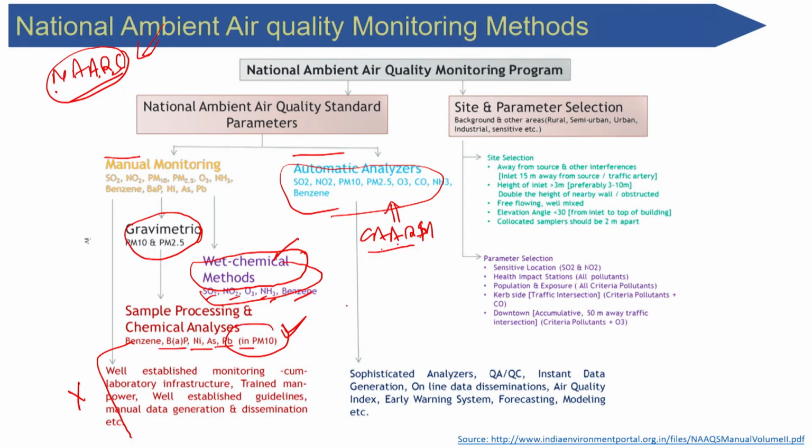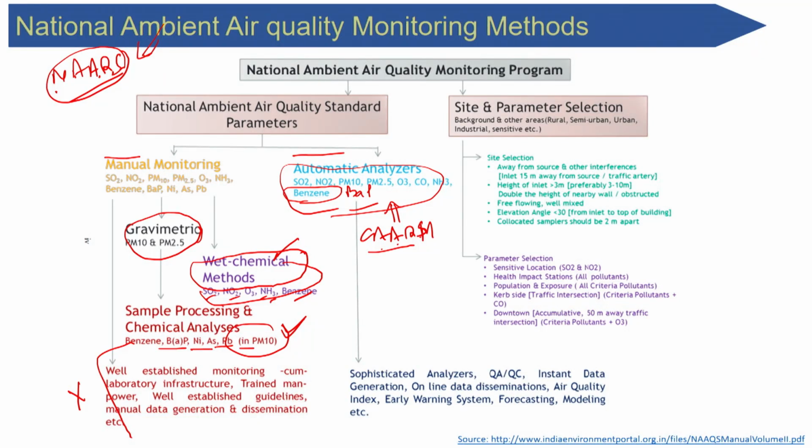But remember that it usually gives benzene in the gaseous phase, not in the particulate phase, because automatic analyzers do not collect samples for benzopyrene or heavy metals. If you want heavy metals, you have to go for manual monitoring. Benzene is given by the automatic analyzer in the gaseous phase, but benzopyrene is not measured here. So you have to just remember this.